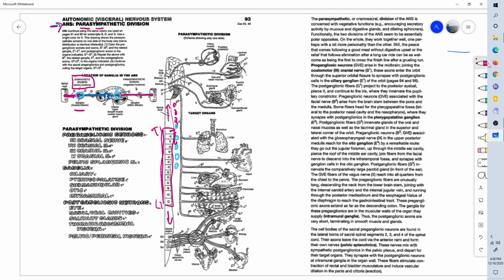So let's show an example of some parasympathetic neurons. And let's start up top here. Recall your cranial nerve number 3. That's the oculomotor nerve. Here in the midbrain is where its cell body lies, the oculomotor nerve cell body.